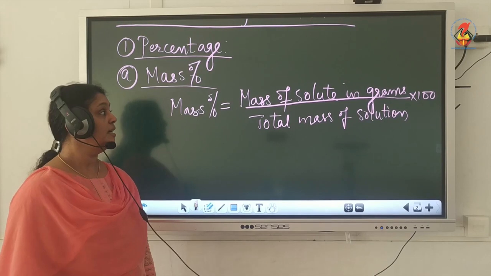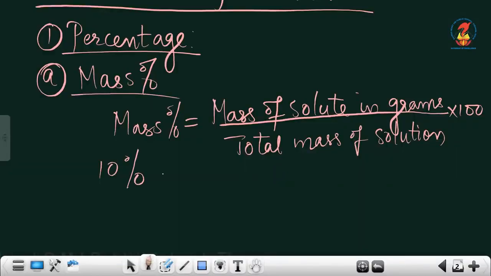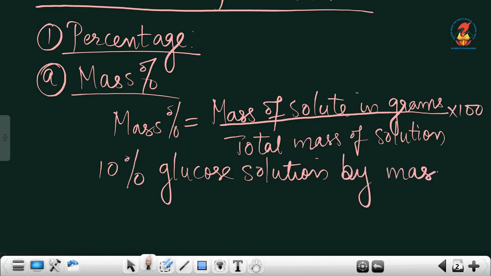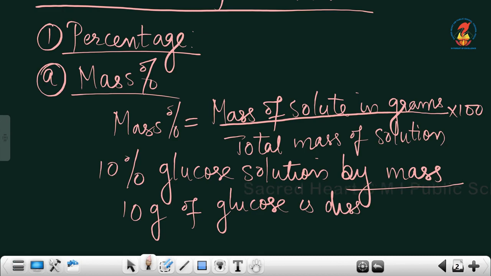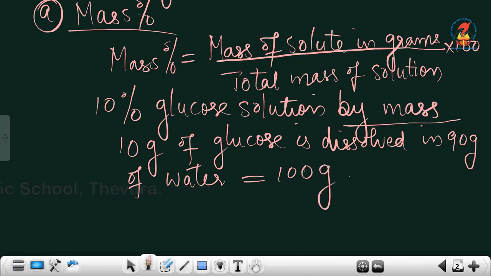For example, 10% glucose solution by mass means that 10 gram of glucose is dissolved in 90 gram of water, so that the total mass of the solution will be equal to 100 gram. So this is mass percentage.